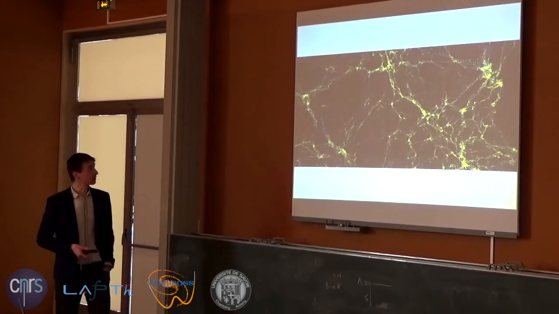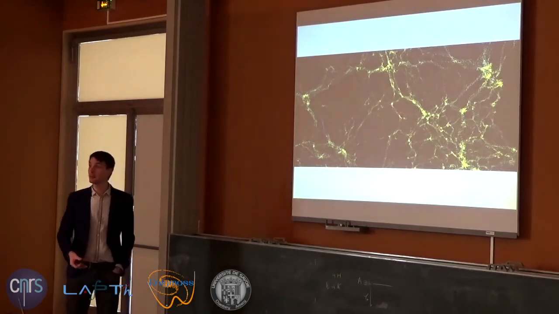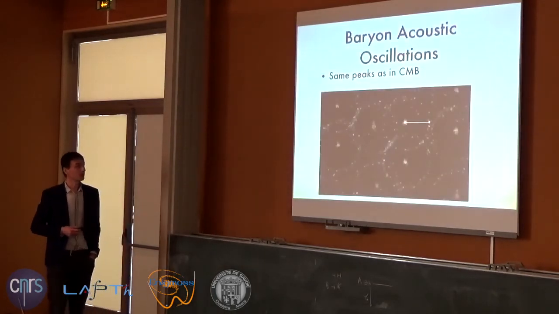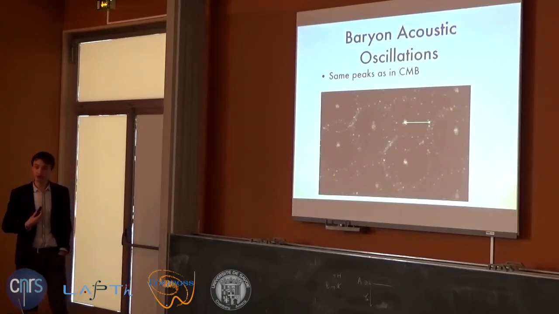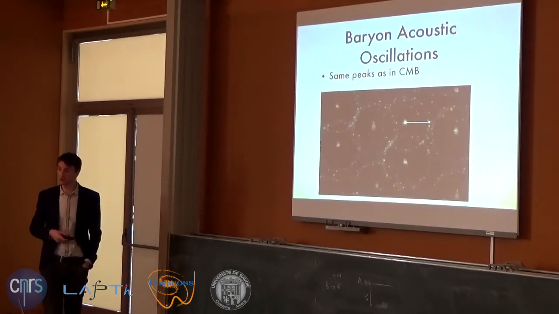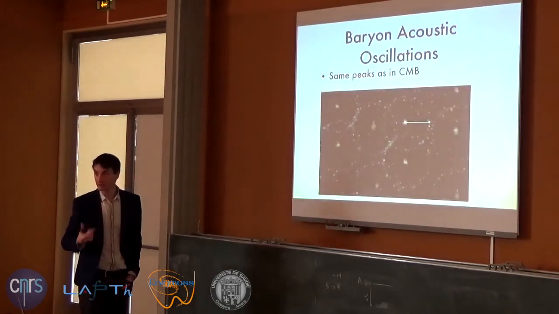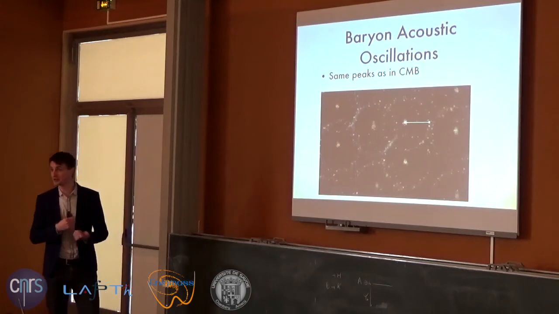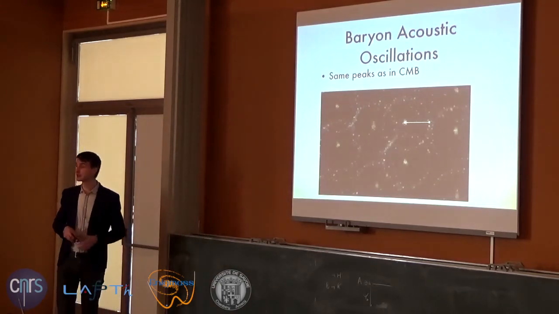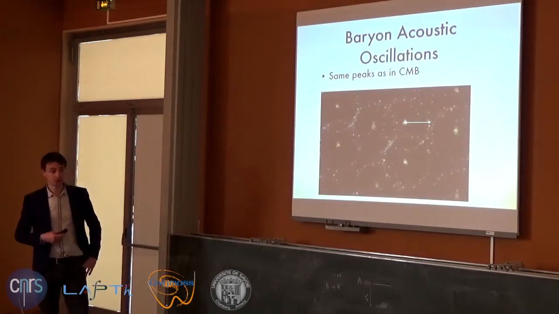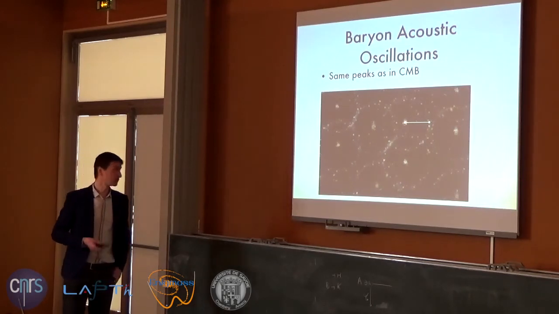The distribution of these filamentary structures is given by the very early universe. The very early universe is described by a coupled fluid of photons and baryons, in which there is a pressure, and if you have a pressure and gravity, you have two forces acting in opposing directions, so you end up with an oscillatory distribution.